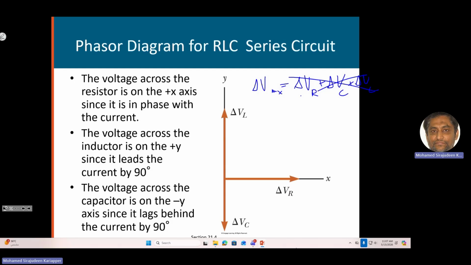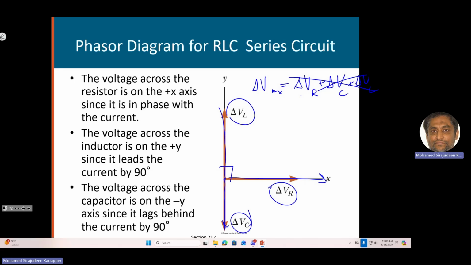So you know that if the current is along the x-axis at time t equal to 0, the voltage across the resistor will be in phase, in the same direction. But the voltage across the inductor will be 90 degrees ahead. And the voltage across the capacitor will be 90 degrees behind.